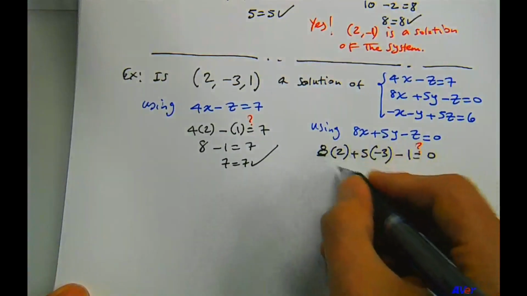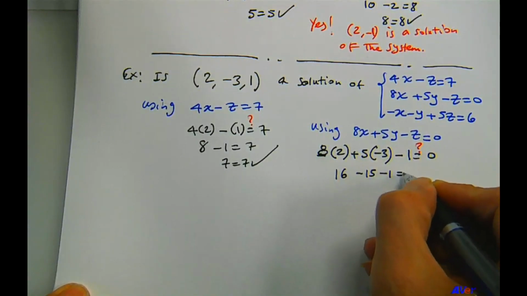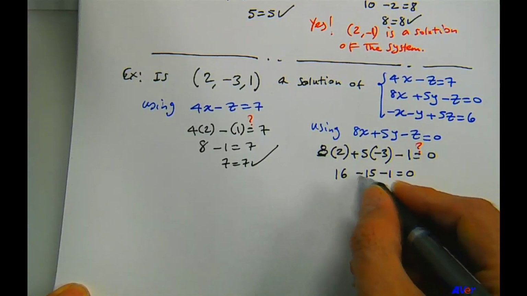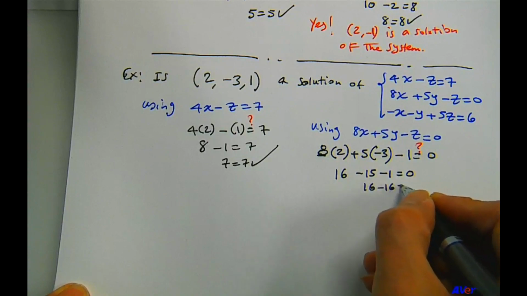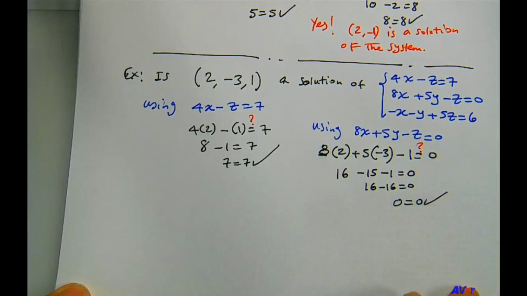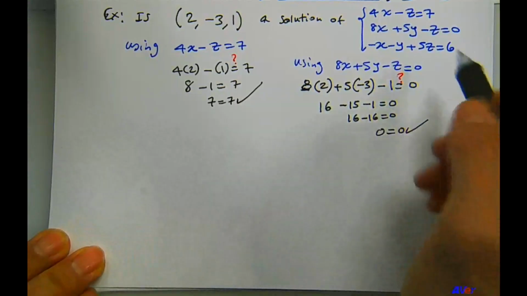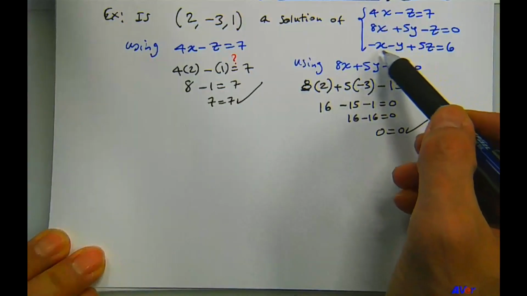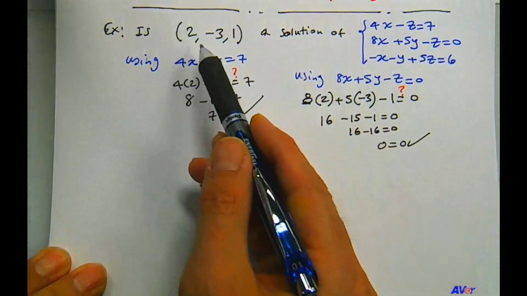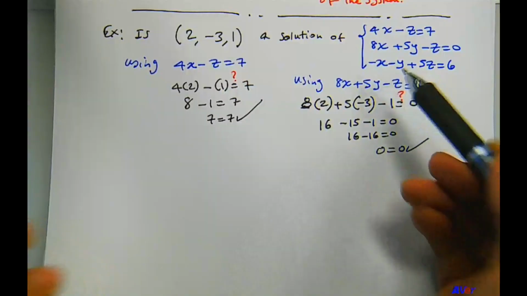So let's see. We have 16 here, minus 15, minus 1 equals 0. That's 16 minus 16 equals 0. So definitely 0 equals 0, and that checks out also. We're not done though, because we have to make sure that this solution is valid in the last equation.